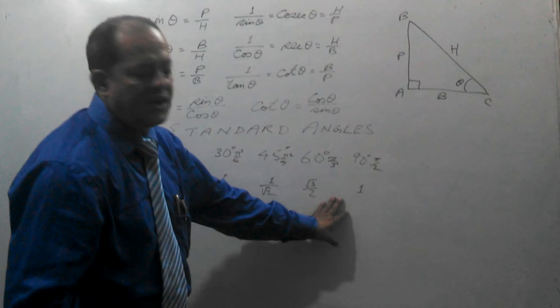So, as we see that we have written cos A plus B is cos A cos B minus sin A sin B, and sin A plus B is sin A cos B plus cos A sin B. Right?